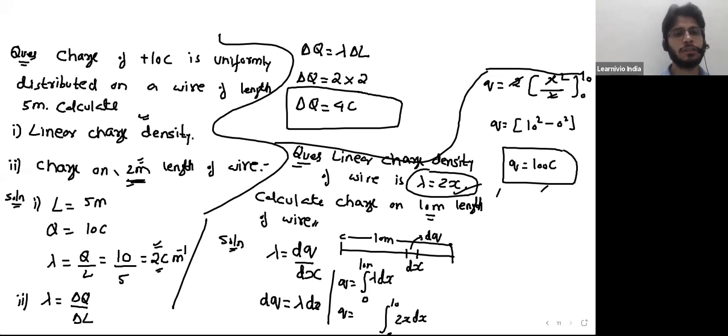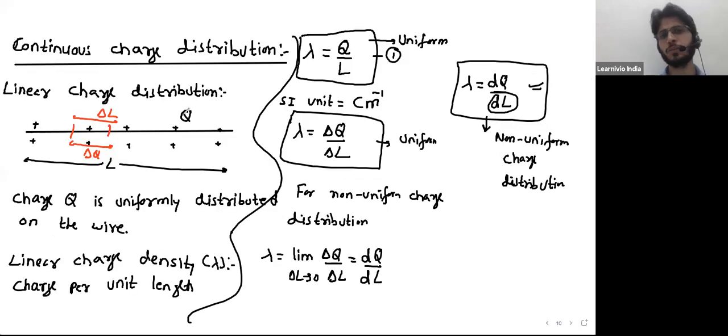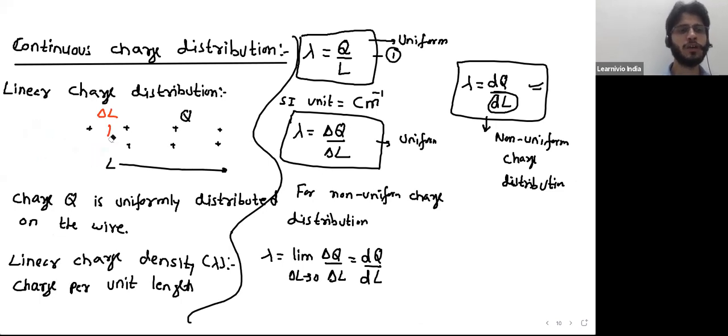The next thing is surface charge distribution. If you know linear charge distribution, then you can easily guess surface charge distribution. Instead of length, I am using area only. The rest of all things are the same.